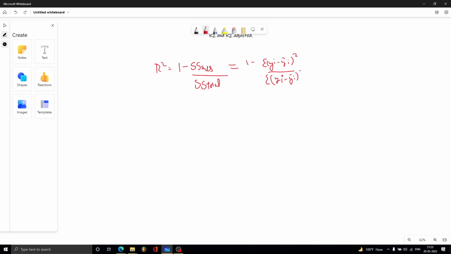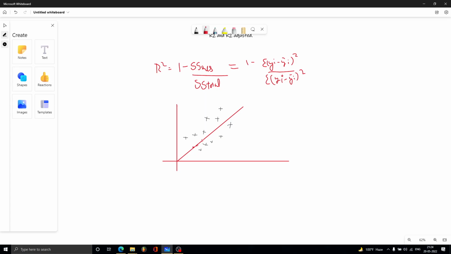The first thing is, let's see what is yi. If you remember, in the previous video I told you that y hat i is the predicted points on the best fit line. If I have a best fit line like this in a linear regression, let's say these are my actual points, and these are my predicted points right here.